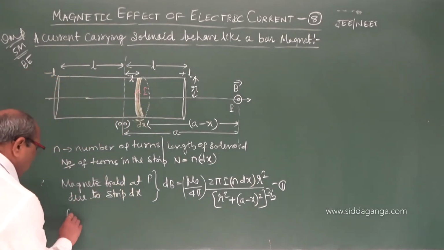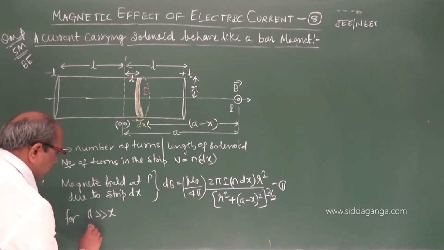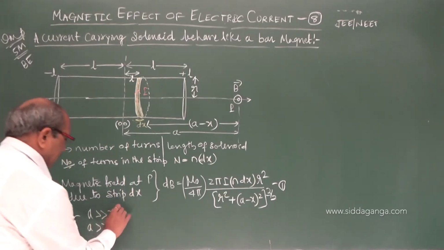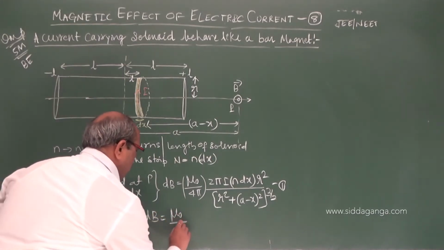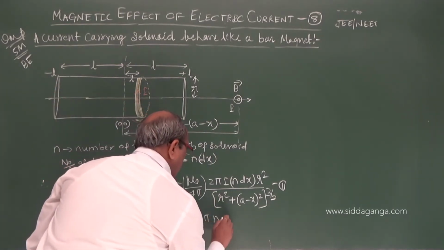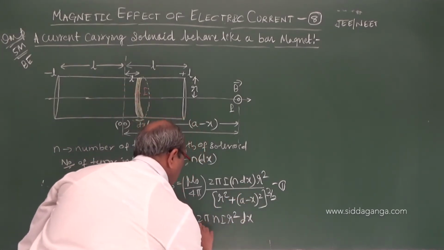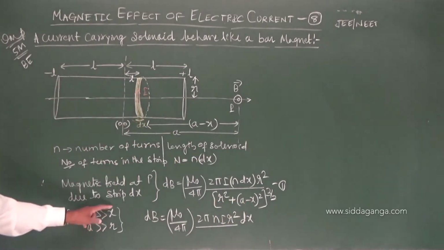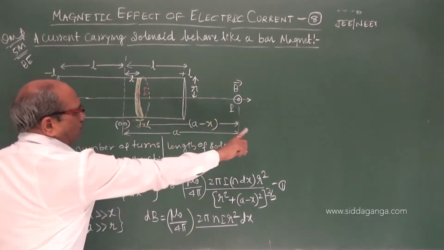Now, as a is very much greater than x and a is very much greater than r, we can neglect these two and write the magnetic field as mu naught upon 4 pi, 2 pi n I r square into dx, divided by a cube, neglecting x and r because they are very small compared to a.